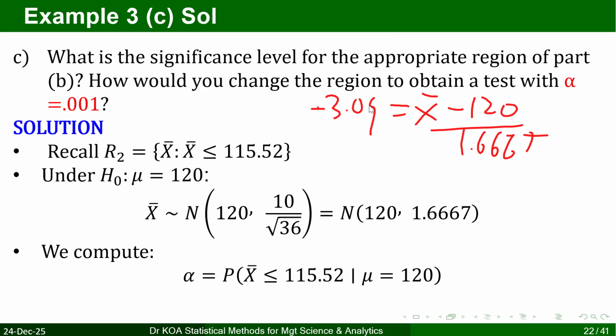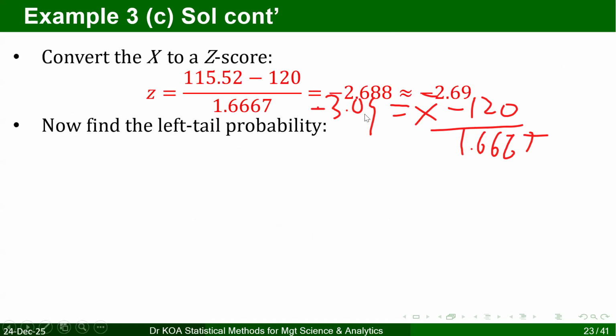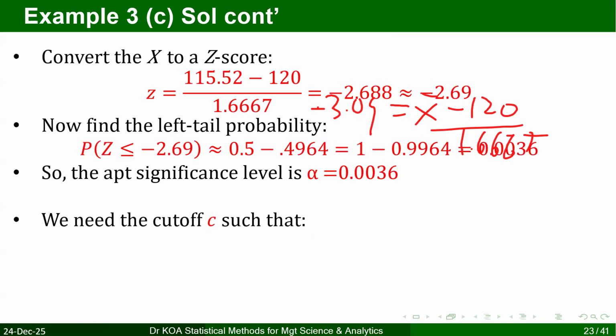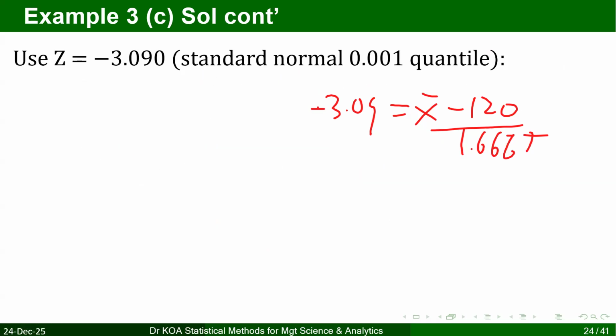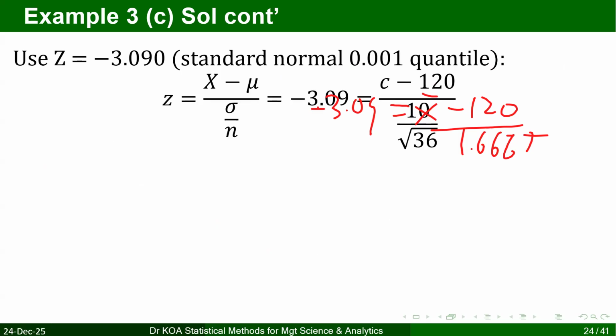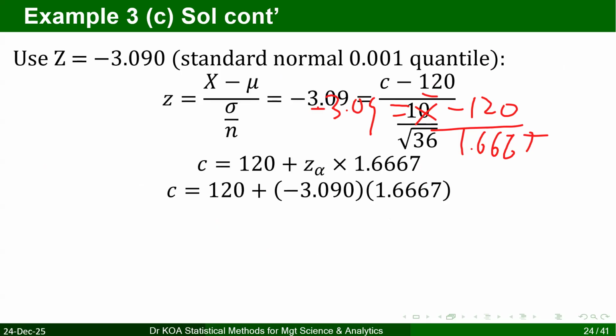Okay, so let's check it. You do all these things that we did here. This is what we call here the cutoff, but it's the same thing. It's finding the X. You substitute that, you get the value of Z, which is negative. You can find it on the table just as we did. You substitute it into the equation, and all of this manual work will lead you to the same 114.85.